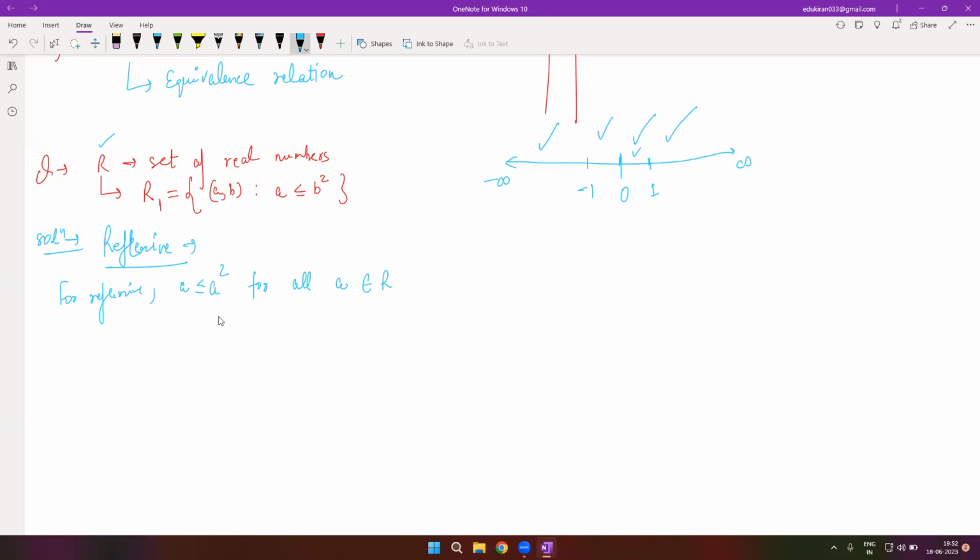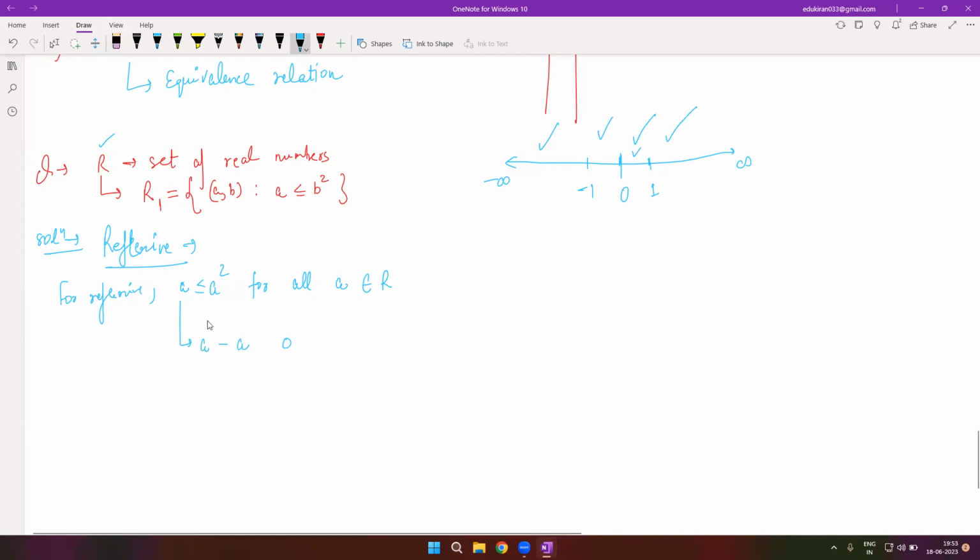If we want this relation to be reflexive, this condition that A is less than equal to A square should be satisfied for all the real numbers. Now, in this case, either I can show it like this, that A minus A square less than equal to 0. Rather than this, write it like this.